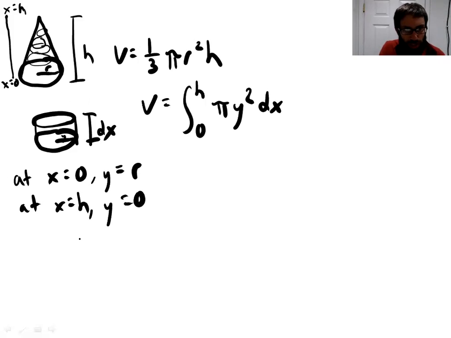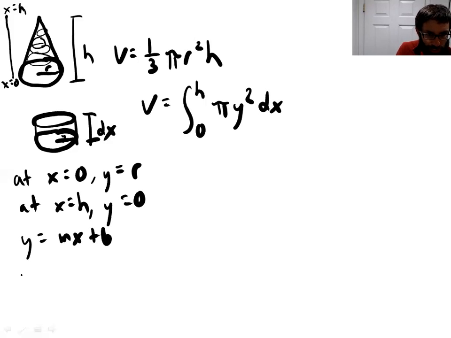Now we have 2 points and we have a line, and you notice that the edge of the cone is a line. The radii of these cylinders is linearly decreasing as we move up the cone. And so we essentially have a y equals mx plus b type relationship, a linear relationship.